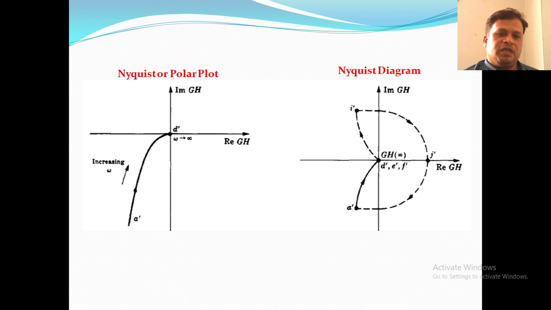Where we have minus 90 and also minus 180, so it is covering both minus 90 as well as minus 180 degrees. So at that point 0 should be mentioned clearly here. So here also D dash is mentioned. Starting with D dash, it comes to the J dash here, again covering the A dash and coming back to E dash, F dash and creating the real axis.